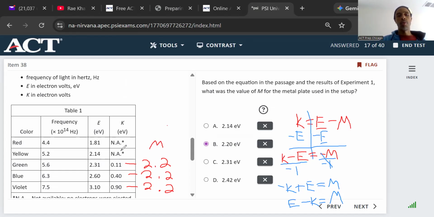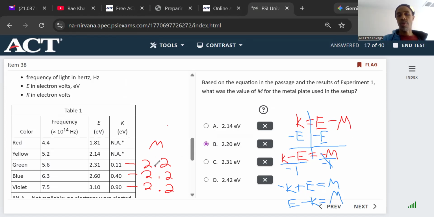So whatever energy from the light source minus M, that's the energy you need to move electrons off the plate, 2.2. So that's why these don't work, because 1.81 is not greater than the energy 2.2 needed to get the electrons off the plate. You need more energy. 2.3 is greater than 2.2.